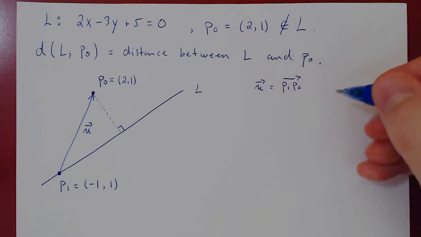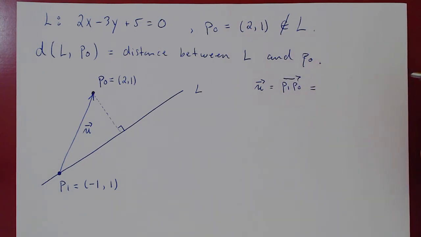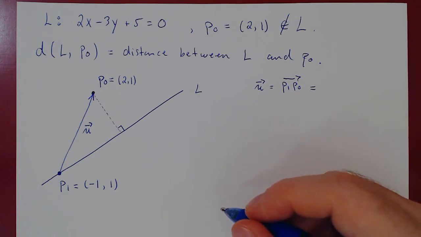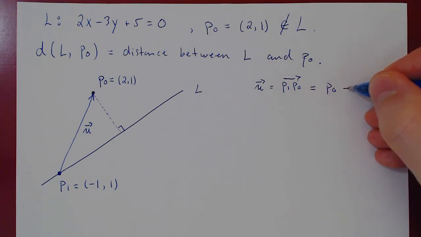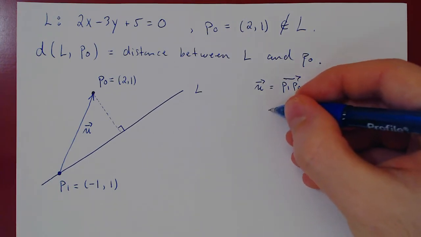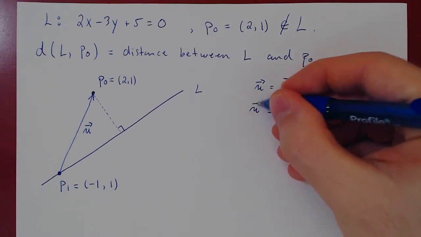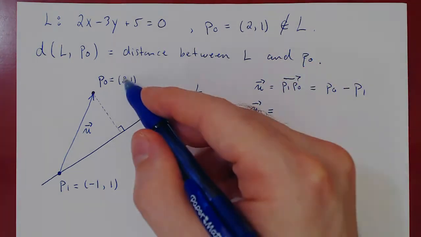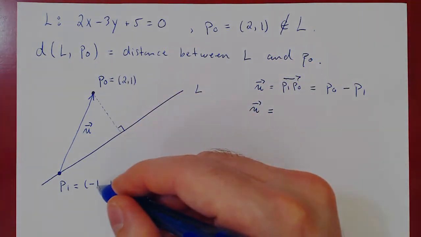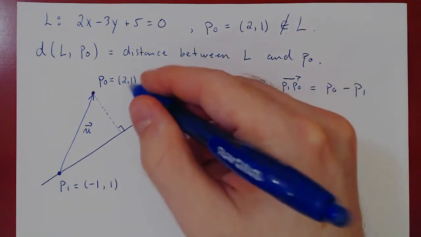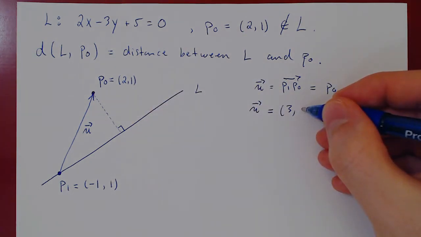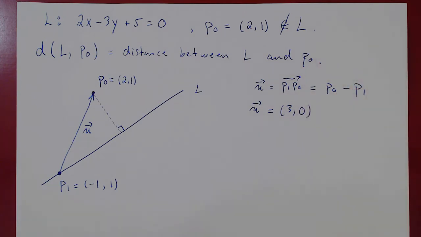And as always, when you want the coordinates of a geometric vector, that is, the algebraic form of the vector, we always do the terminal point minus the initial point of the vector. And so vector U will be quite simply 2 minus negative 1, therefore 3, and 1 minus 1, 0. And so we have the vector (3, 0).